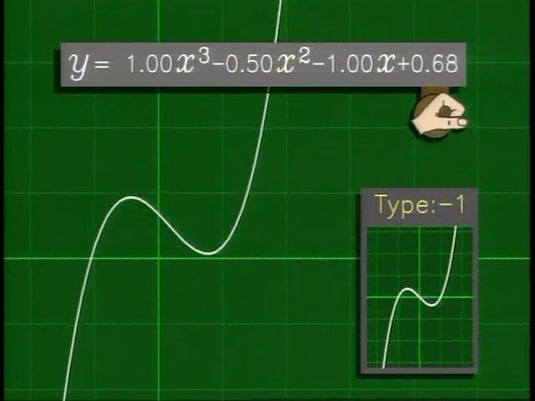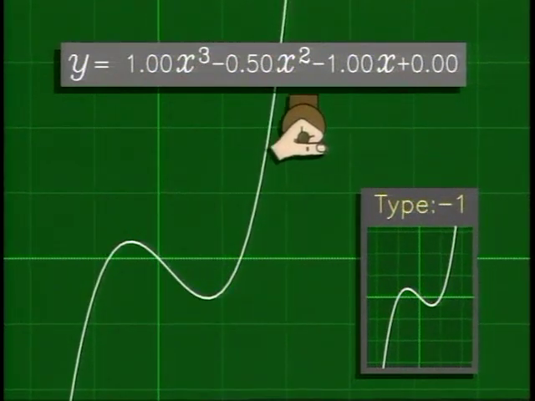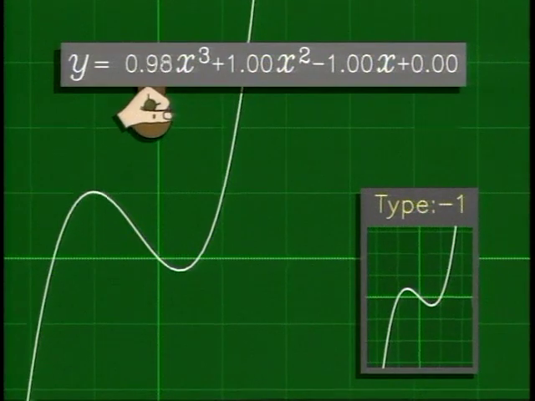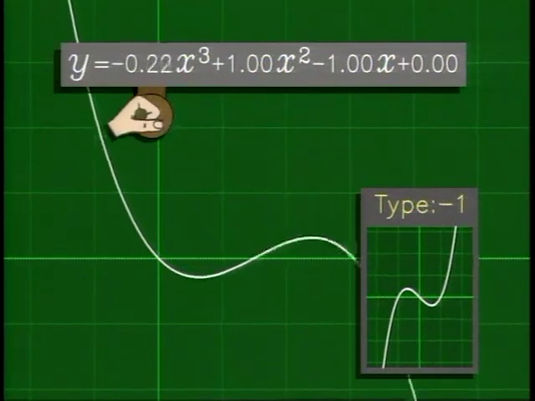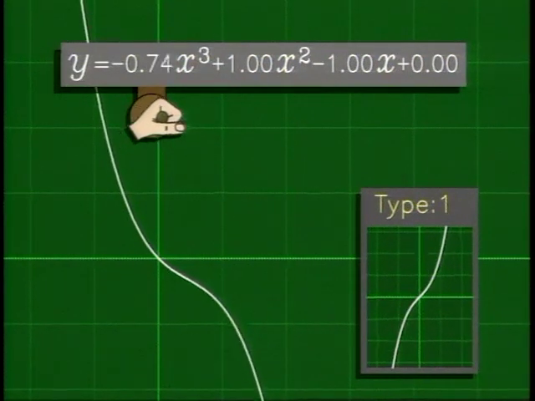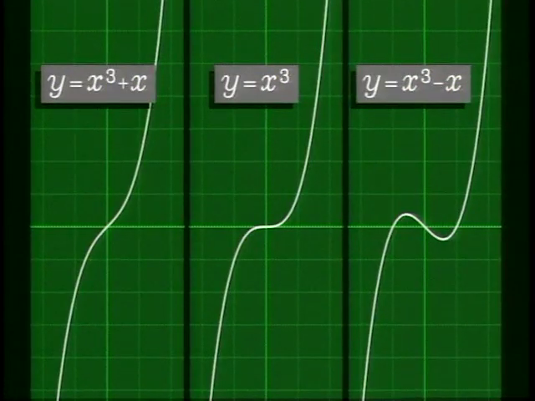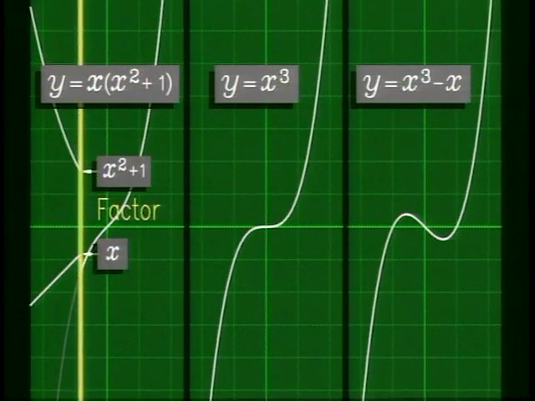Although the shape changes, it has the same basic form as one of the 3 prototypes. Or perhaps a mirror image. Every cubic crosses the x-axis at least once. To see why, factor the cubic as the product of a linear factor and a quadratic factor.